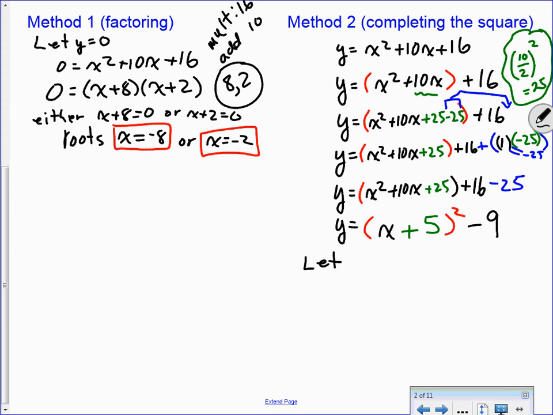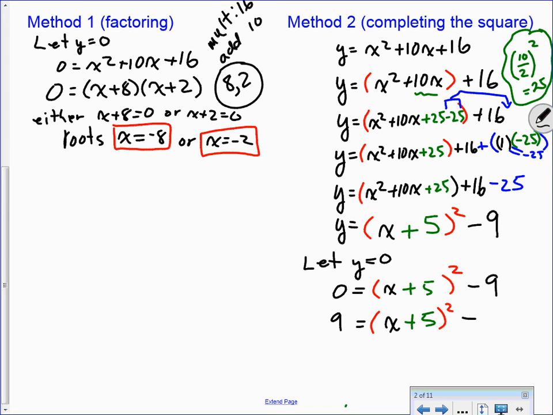Now we let y equal 0. So we get 0 is equal to bracket squared, you have that. Now, solving for x, you're going to get 9 is equal to brackets x plus 5 squared minus, and the 9's on the other side.